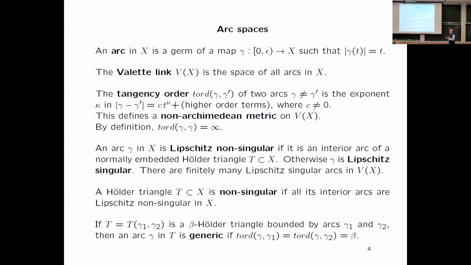That means we allow a singular arc at the boundary, but not inside. And finally, if you have a beta Hölder triangle, then the arcs which have beta tangency with its boundary arcs are called generic.